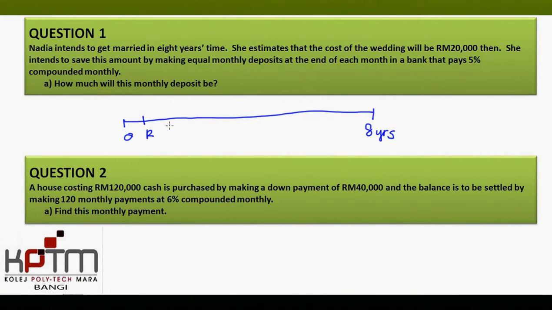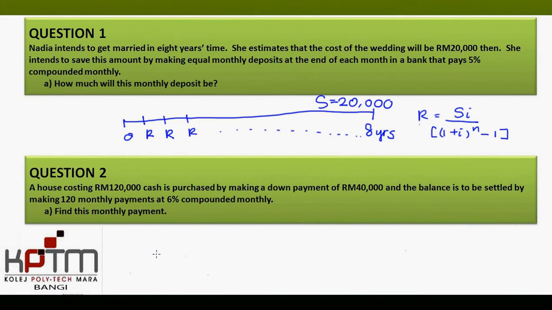So Nadia has to deposit every month up to 8 years to get 20,000 at the end of 8 years. This 20,000 is the value of S, or future value. That's why we use R equals Si over (1 + i)^n − 1 to find the monthly deposit.